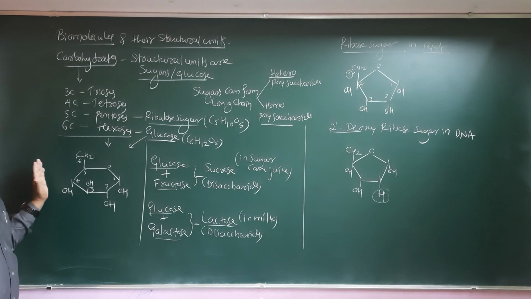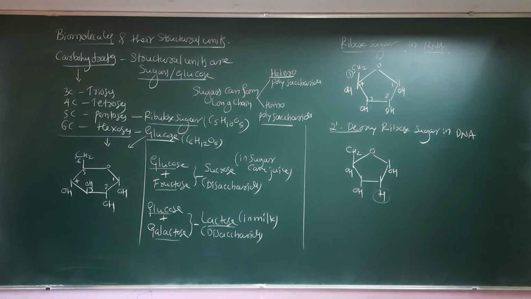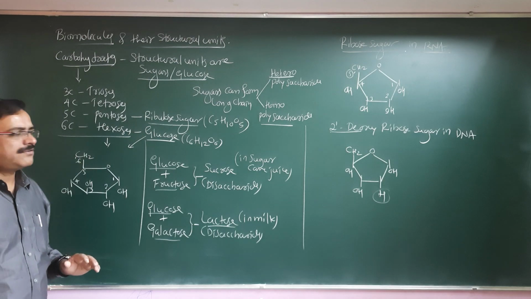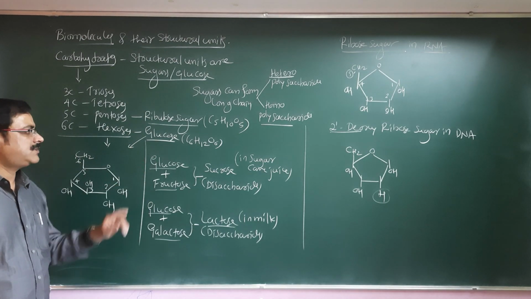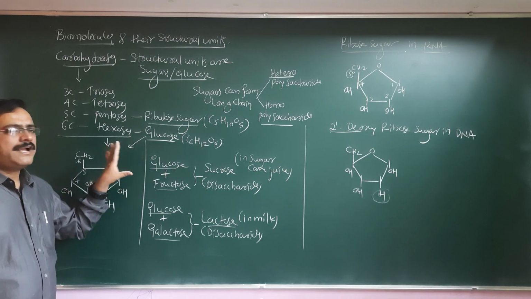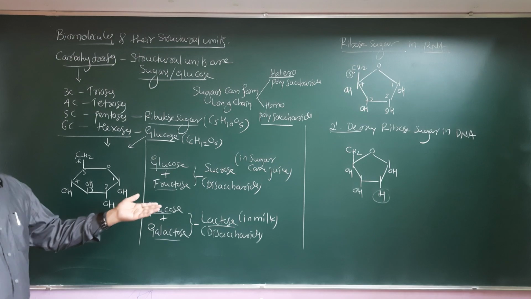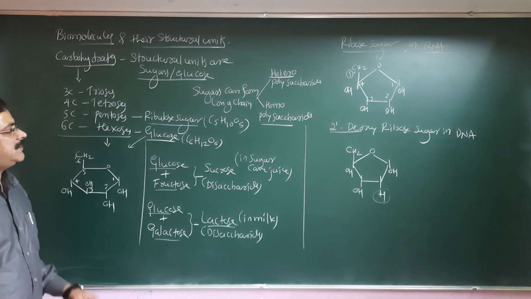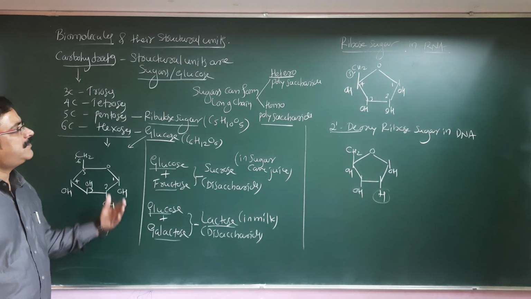This is the structural formula of glucose. Glucose plus fructose both have C6H12O6, but they are different sugars, seen in sugarcane juice, and two kinds of sugars together form disaccharides. Similarly, in lactose or milk sugar, glucose plus galactose will be there. So whatever the complex sugars, they are made up of glucose only.